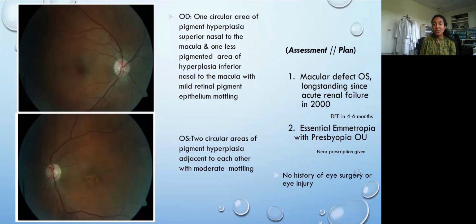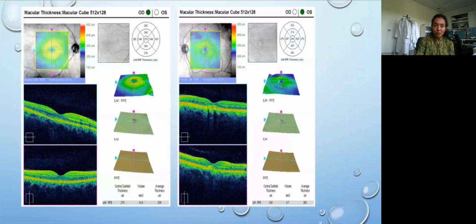He mentioned some vision changes around the time that he was on prednisone. So what likely happened was, it led to central serous chorioretinopathy, and in acute central serous there's a fluid, but then in chronic CSCR the RPE turns into this hyperplasia or mottling.